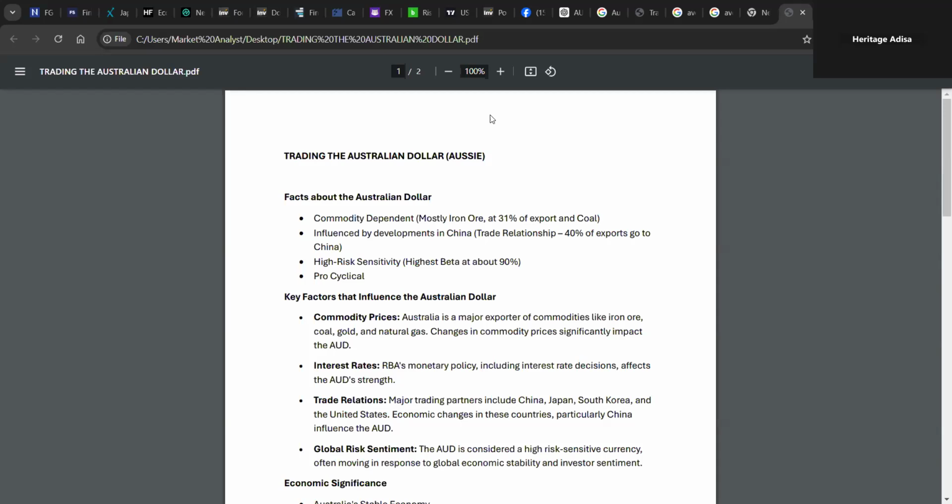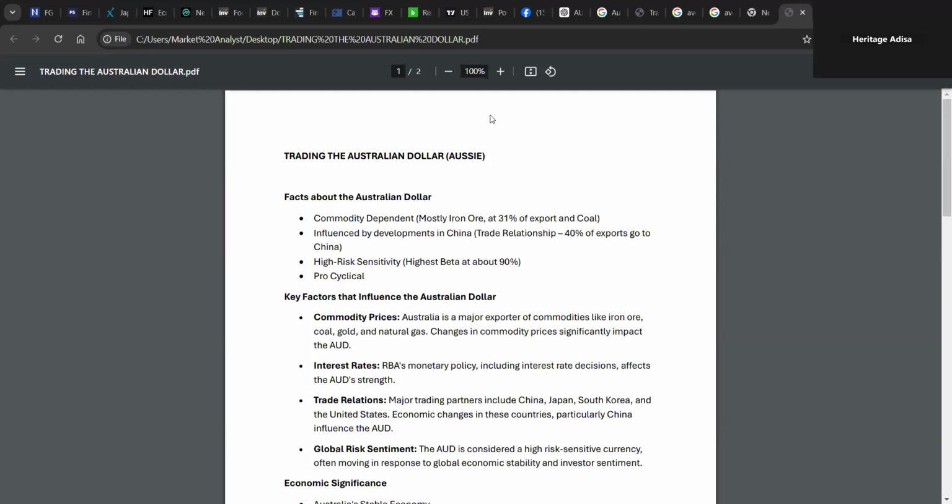Another thing you want to also pay attention to is the characteristic or the properties of the said currency. Of all the major currencies, based on risk sentiment, you can classify them in 2. The high beta currencies, which are currencies that have high sensitivity to risk, and then you have the safe haven currencies.